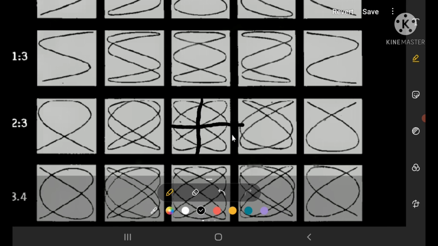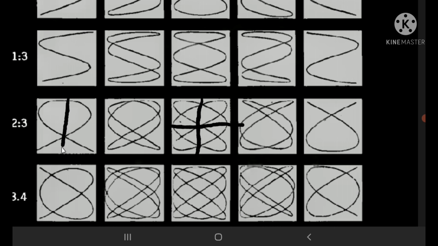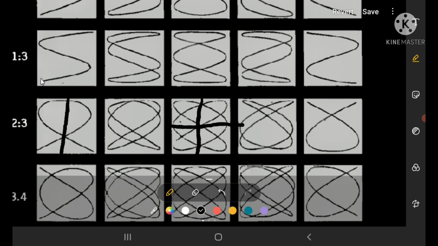It's like two lines of symmetry. Some figures have a single line of symmetry, and some figures don't have a line of symmetry, but they have what I like to call a center of symmetry.